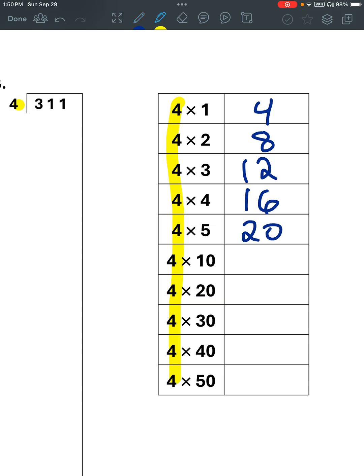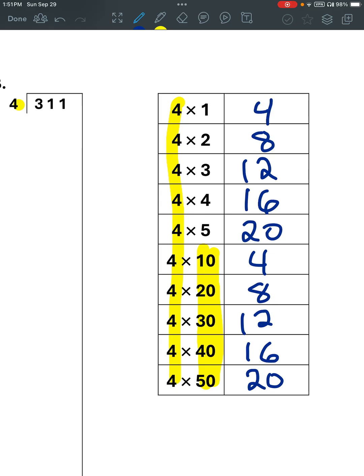I remember that we're using 1, 2, 3, 4, 5, but adding a 0. So I just copy my list: 4, 8, 12, 16, 20.